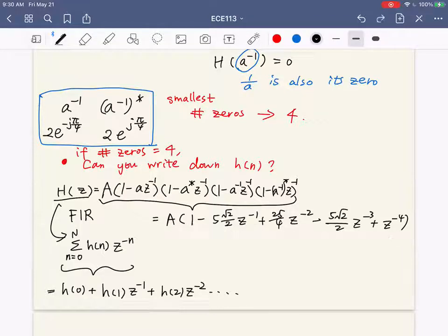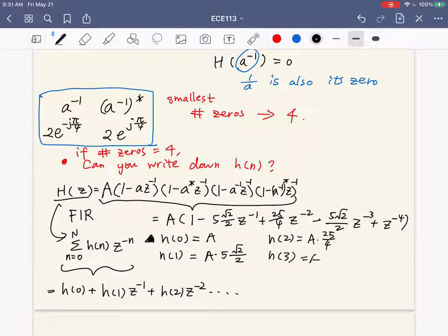Okay. Therefore, we know that H of 0 should be A. H of 1 should be A times 5 square root of 2 over 2. Okay. A times 4. A times minus A times 1, which is A, right?